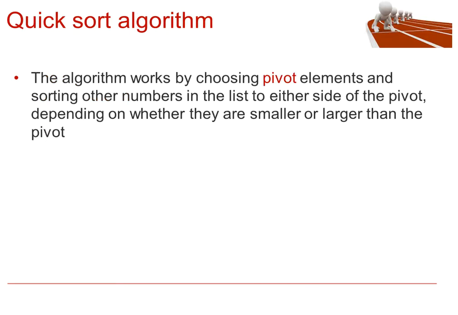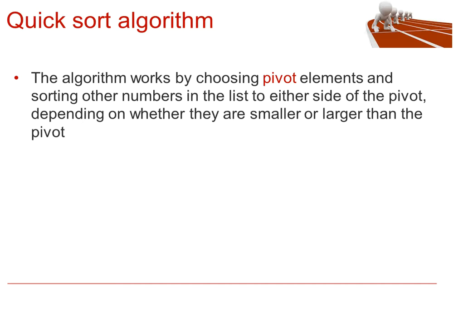The algorithm works by choosing what we call pivot elements and sorting other numbers in the list to either side of this pivot, depending on whether they are smaller or larger than the pivot. The choice of pivot is a convention. Sometimes the midpoint is chosen, and sometimes the first number in the list.